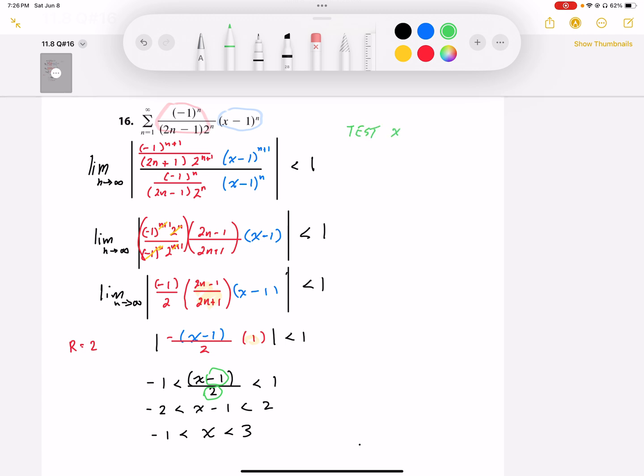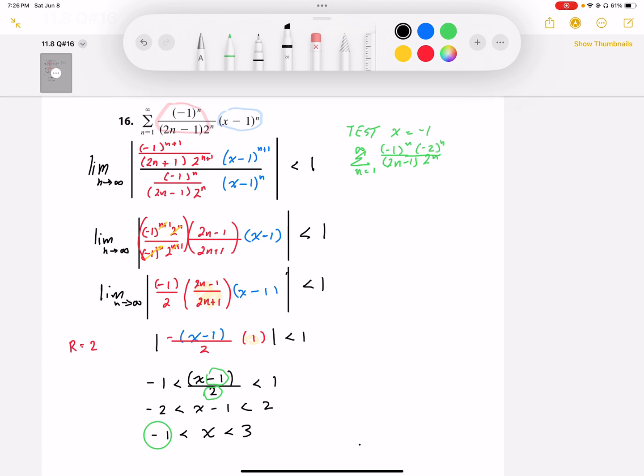I'm going to test x equals -1 to start. I'm going to test this endpoint in the original series. So I go back to my series, n equals 1 to infinity of -1 to the n over 2n minus 1, 2 to the power n in the denominator, and then the x minus 1 becomes -1 minus 1, so I get -2 to the power n.